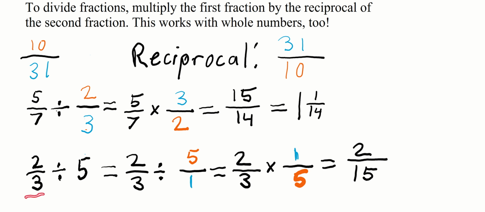So we found that 2/3 divided by 5 is equal to 2/15.